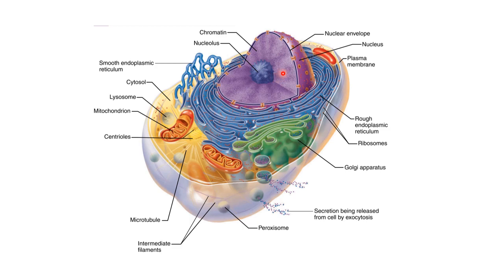So kung titingnan ninyo, ang nucleus na ito, it is composed of a nucleoplasm right here, a more condensed portion of the nucleus called the nucleolus, and it is surrounded by an envelope called the nuclear envelope.